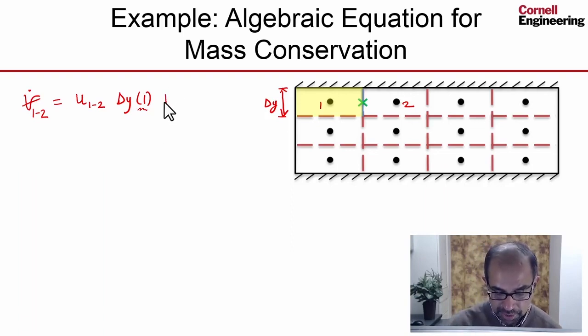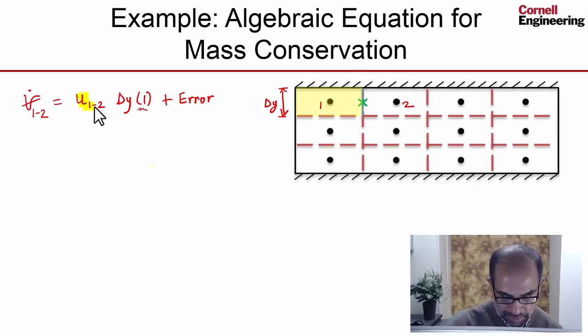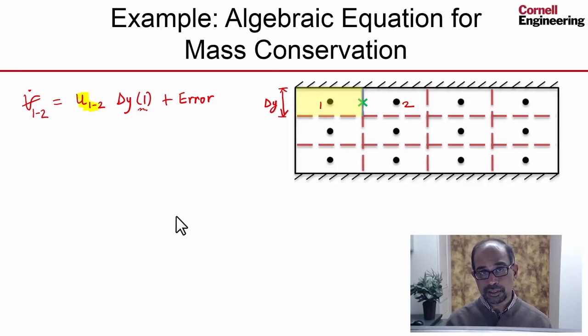And there is an error when we write that down because we have assumed that this velocity value here is equal to the average for the face, which is an approximation. We will quantify the errors, or get a better idea of the errors, a little bit later on when we talk about the order of accuracy.